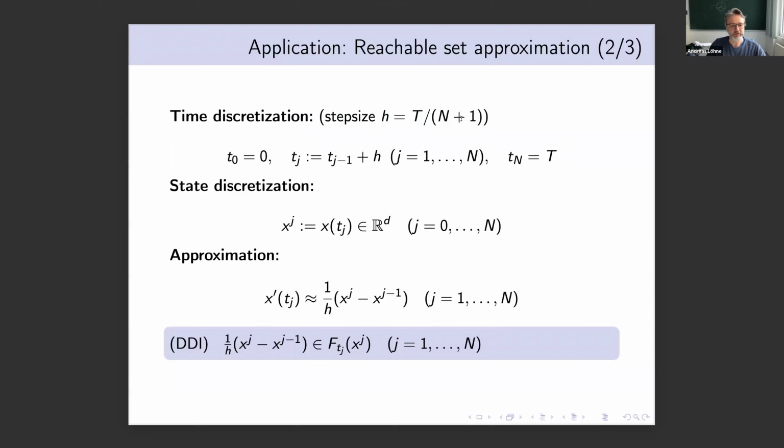We use here a fixed step size, we have a time discretization, and we have also a state discretization. And then we make the usual approximation for the derivative by the difference quotient. And after all this discretization, we obtain this discrete system.